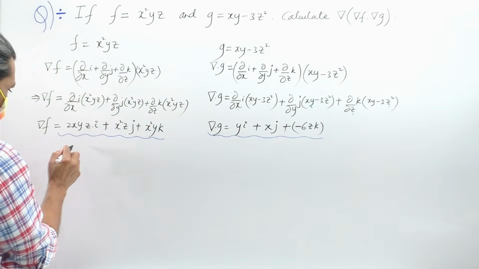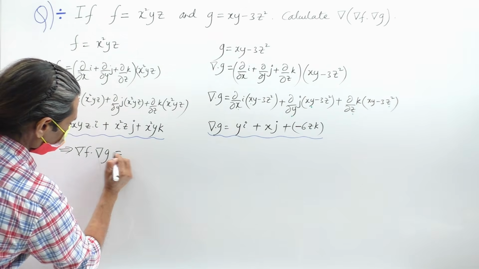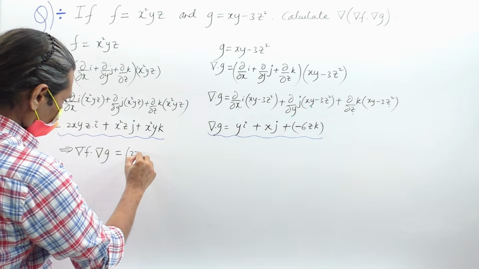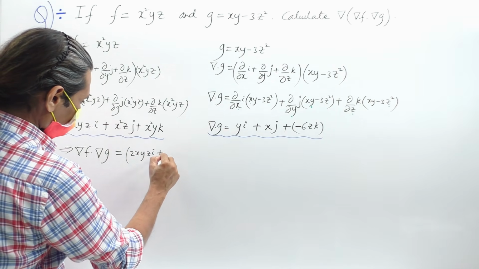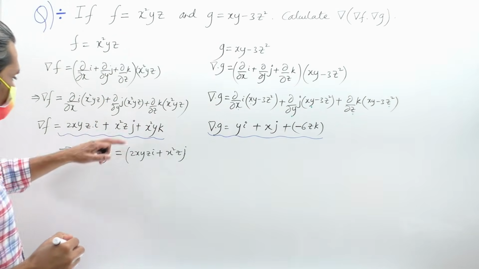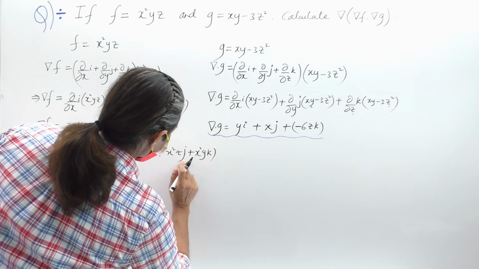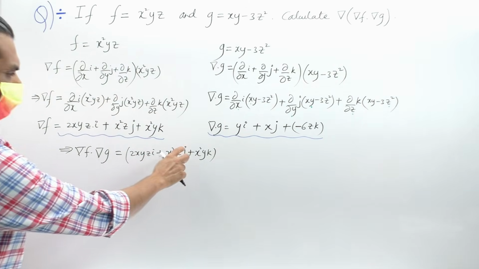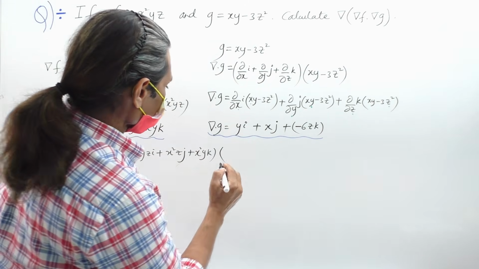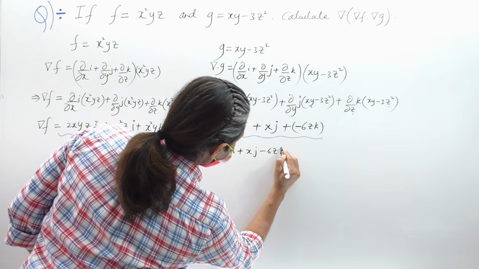So del f dot del g is equal to, let's take this in brackets, (2xyz i plus x²z j plus x²y k) dot, now again writing properly, what's del g? (y i plus x j minus 6z k).